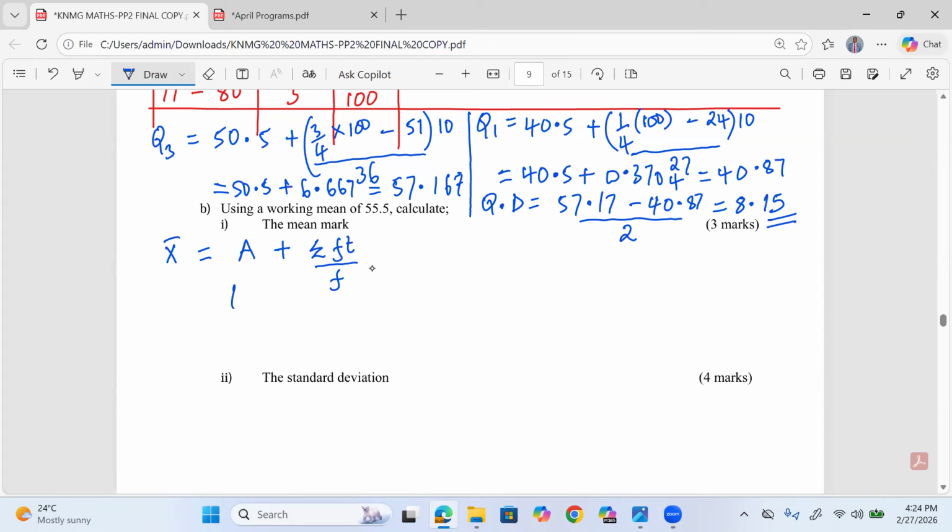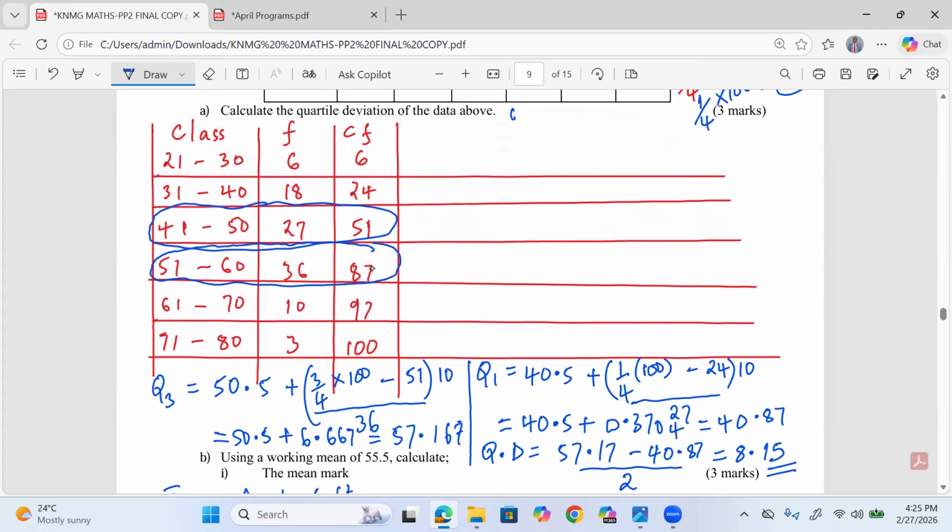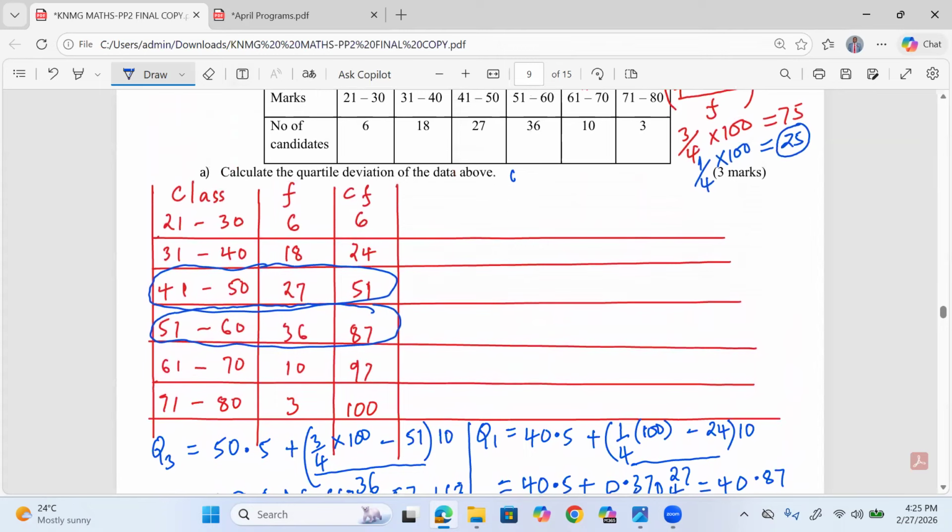And how do we get the deviations? The deviations are gotten by each midpoint minus assumed mean. So let us get the deviations first. It can be small letter d or small letter t. So we get the deviation t.